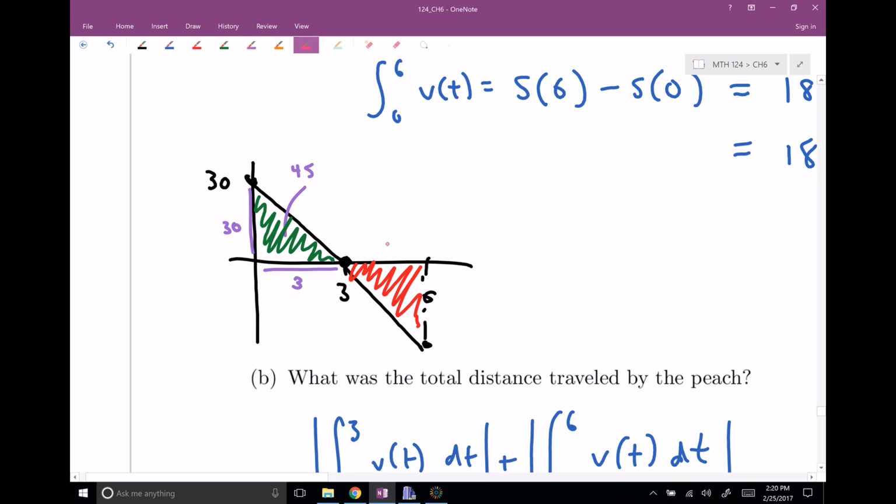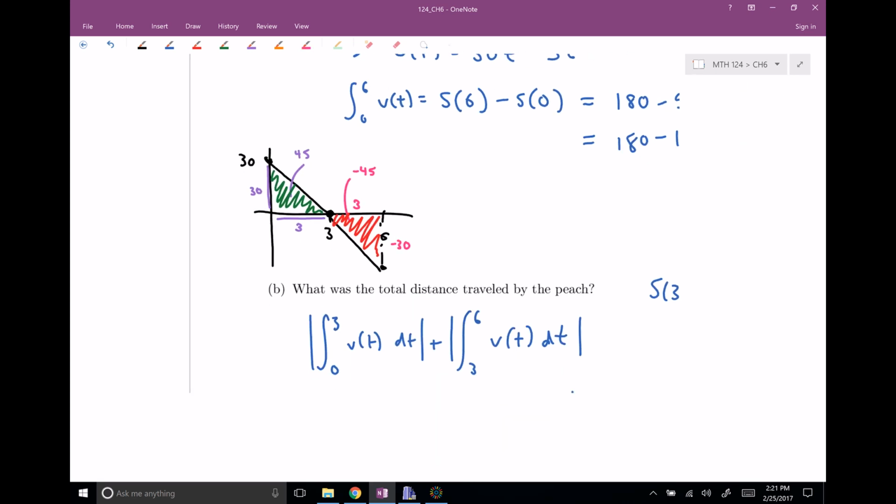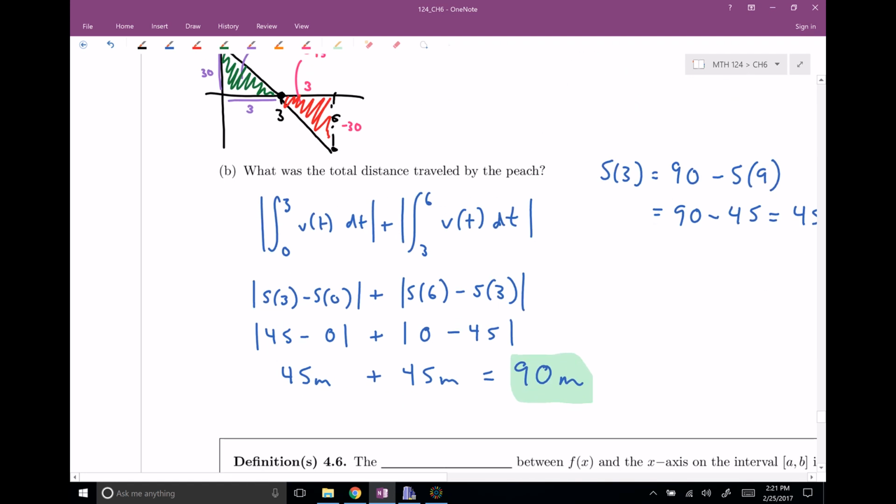And likewise down here, this is base width 3, the height would be negative 30. And so when you multiply it together here, you get 1/2 base times height. That would be negative 45. But remember, we want to count it all positively, right? So that's where we get the 45 plus 45, which should be 90 meters. So that's how much distance the peach actually traveled, kind of by just looking at time 0 and time 6.